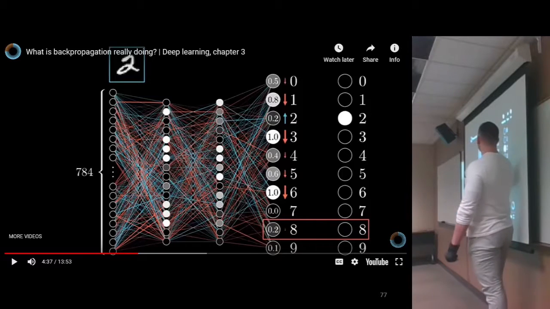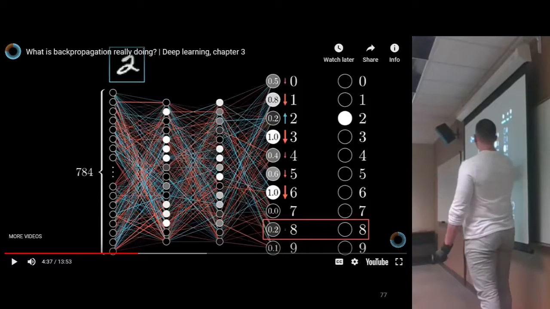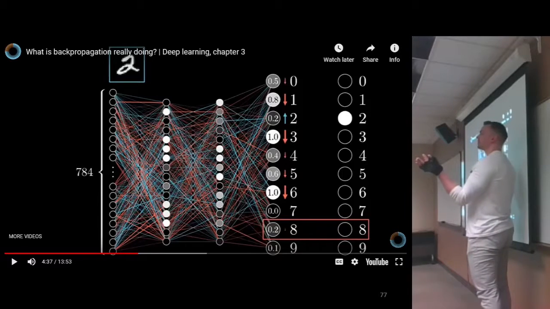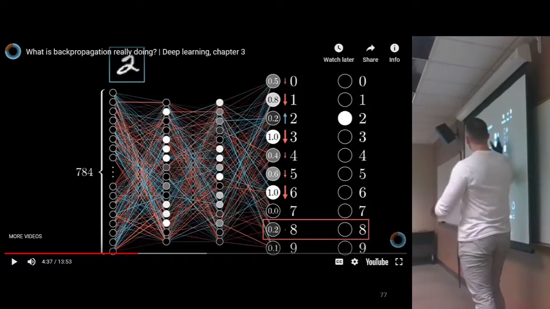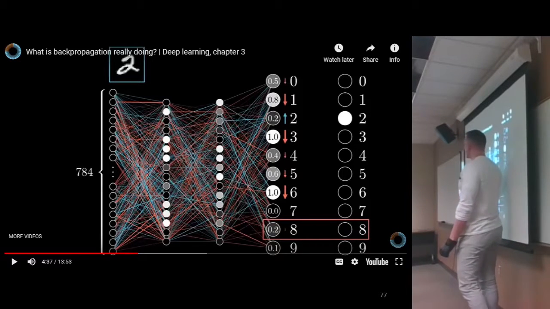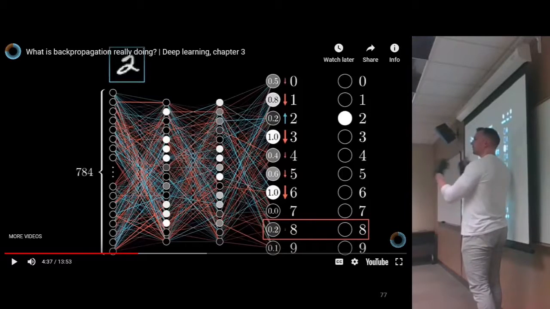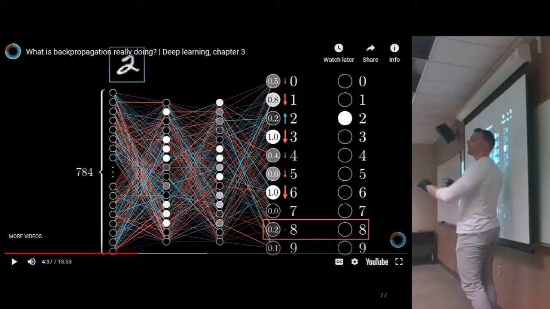The programmer then takes a look at the output units and asks, is it right? Is it wrong? If it's right, the network stays as is. If it's wrong, they send a program backwards through the network to change these links. They change the weights of the individual links and then run it again.